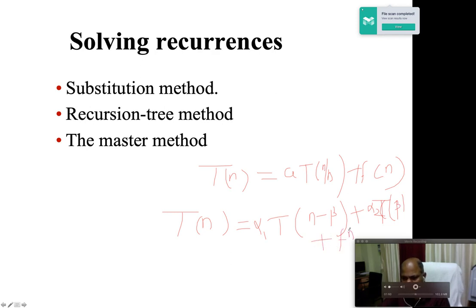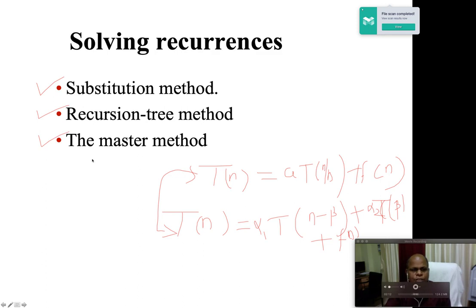It may be like this also. Hence, we will look at solutions of recurrence relations of any possible form, which can be done using three methods. One is your substitution method, another is your recursion tree method, third one is your master theorem or master method.